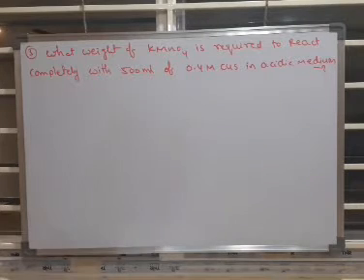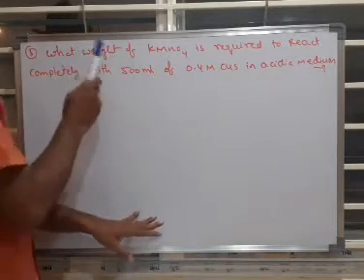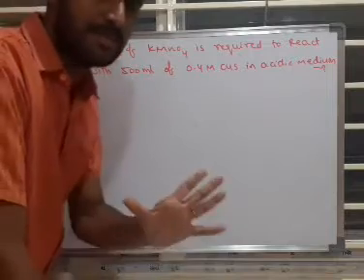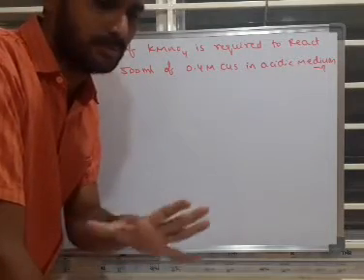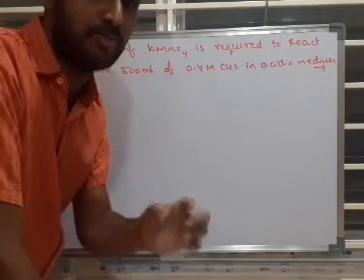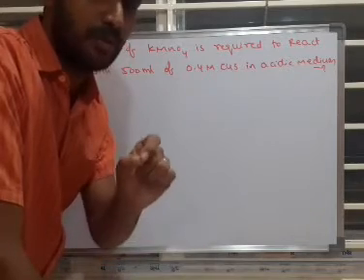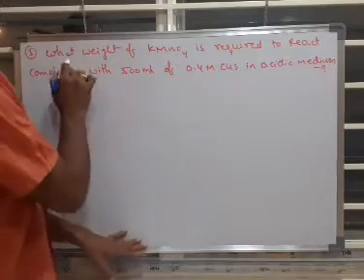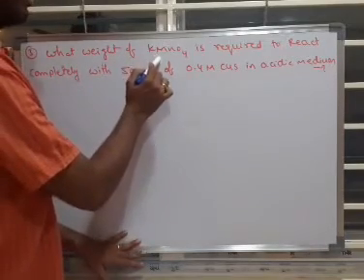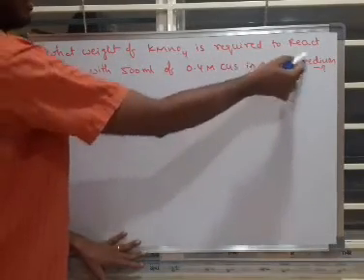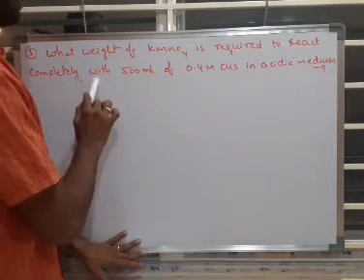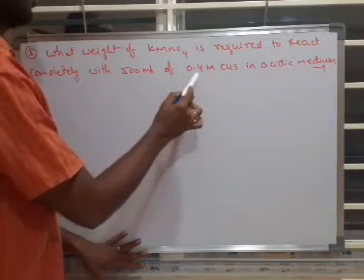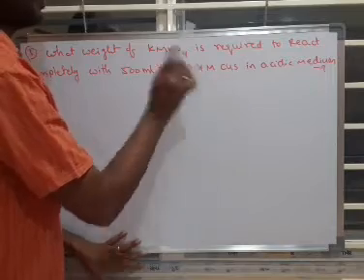See another problem. In most problems the question is to find the volume, but in this question we have to find the weight of the compound. What weight of potassium permanganate is required to react completely with 500 milliliters of 0.4 M CuS?